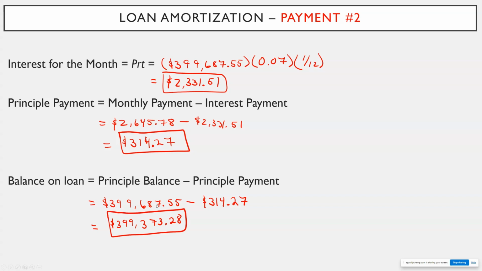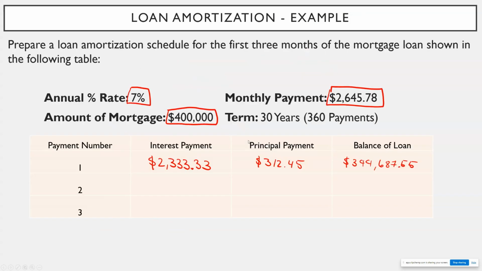Okay. So let's go back. I just want to fill in the table as we're going. The interest we paid was $2,331.51. So our interest payment is falling and our principal is rising. We're paying more towards principal now, $314.27.